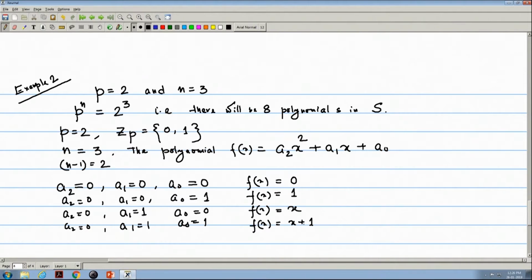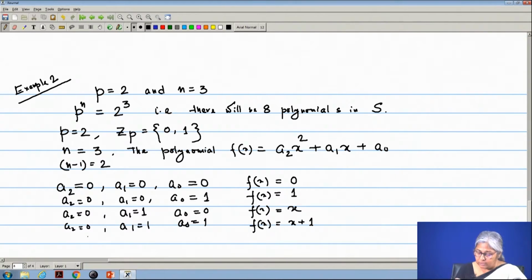So, we have done this for all a2 equal to 0.